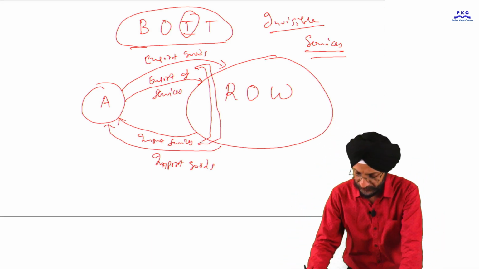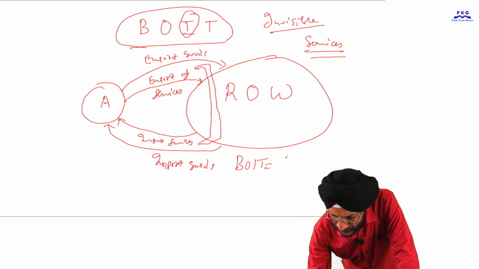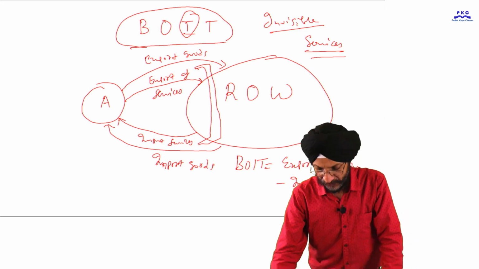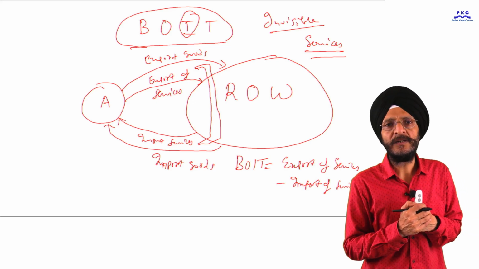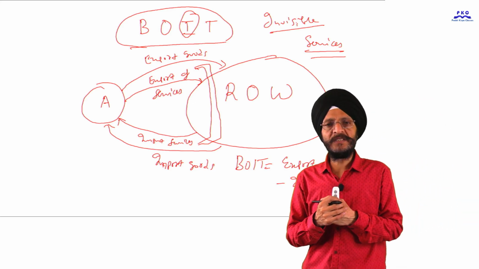So balance of invisible trade is equal to the difference between the value of export of services minus import of services, or value of export of invisible items minus import of invisible items.